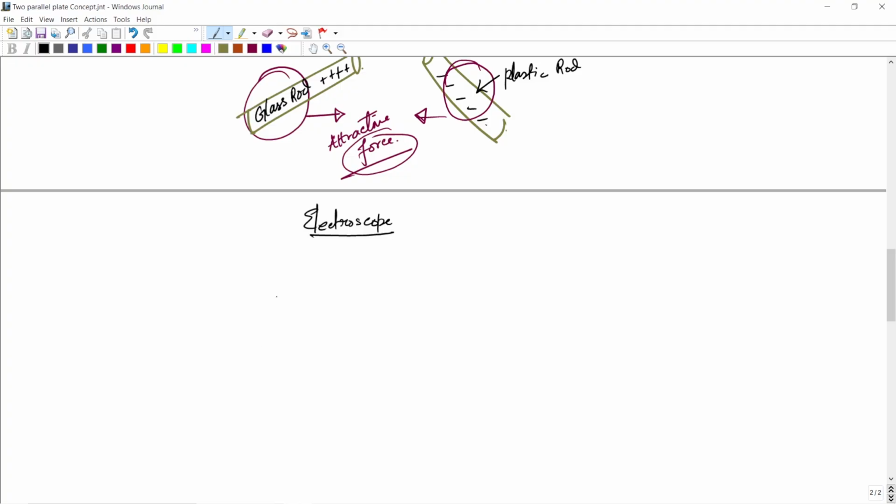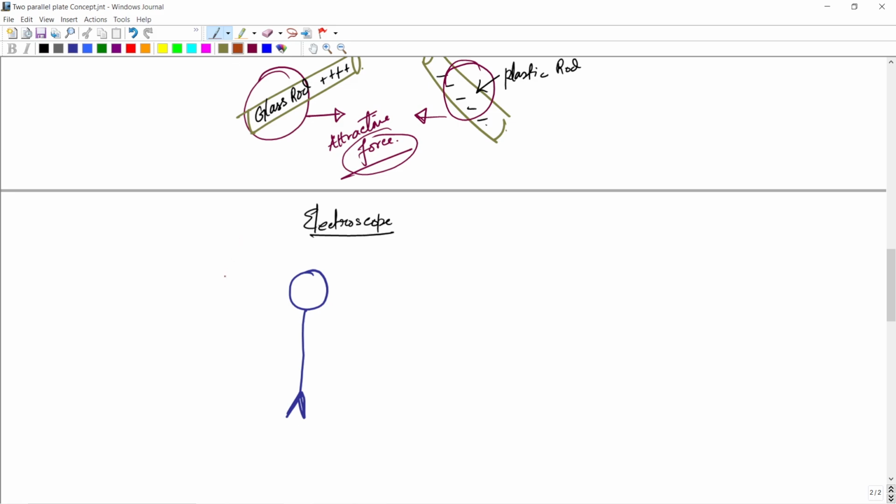Very easy. The concept is, suppose we take a metal ball, with two metal legs like this, and these are all metal, which are obviously good conductors of electricity.